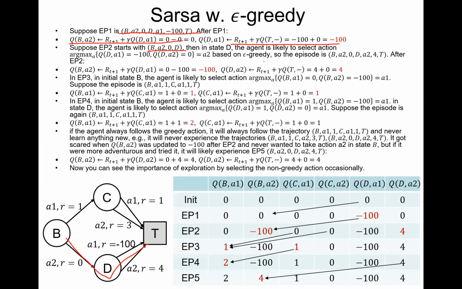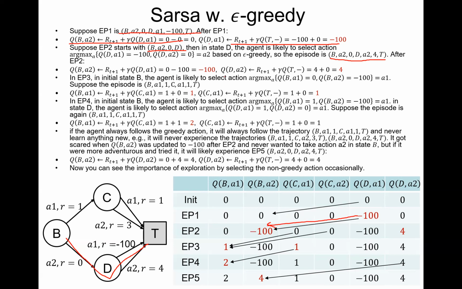Suppose epsilon is small. So the episode is BA2, DA2. And afterwards, the QBA2 is -100 by bootstrapping from QDA1.